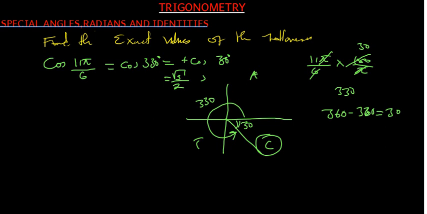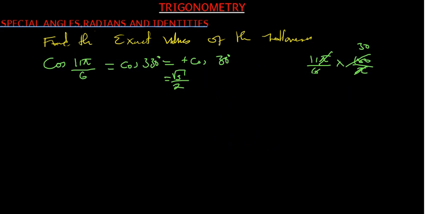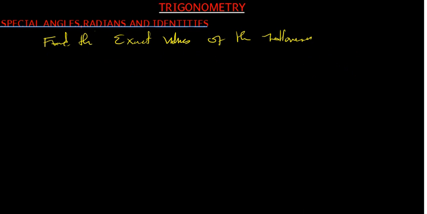One more last problem. So let's say we've been given cosec 5 pi over 4. How do we work with this one?